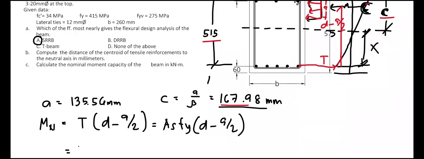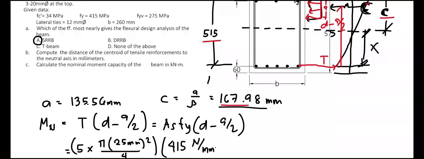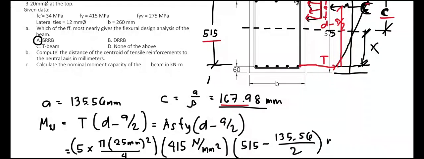So we have As equals 5 times pi times 25 millimeters squared over 4, multiplied by Fy, that is 415 Newton per millimeter squared, multiplied by the effective depth, that is 515, minus the height of the compressive block, that is 135.56 all over 2. This is in millimeters.